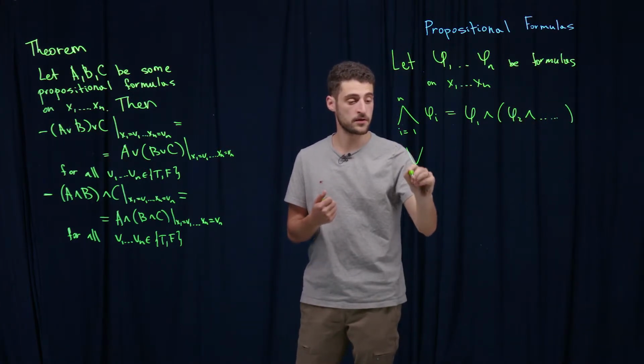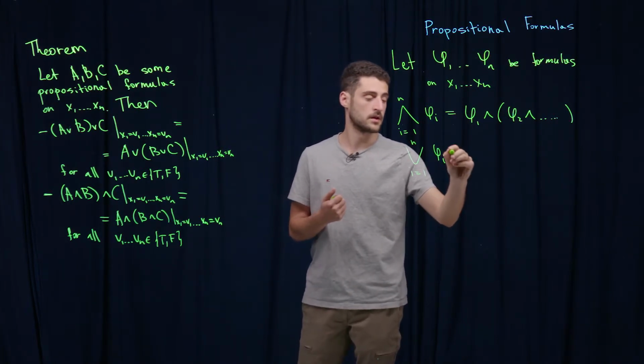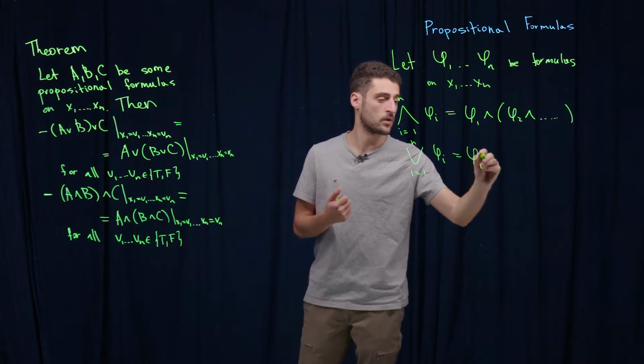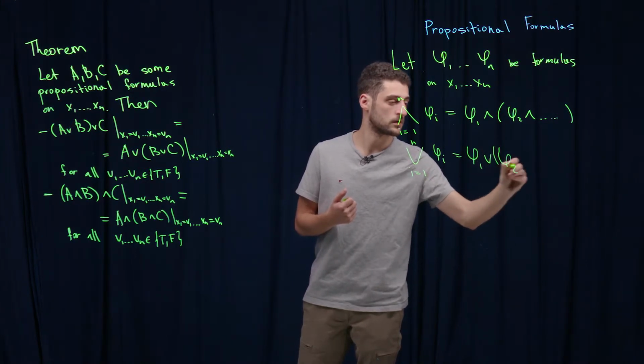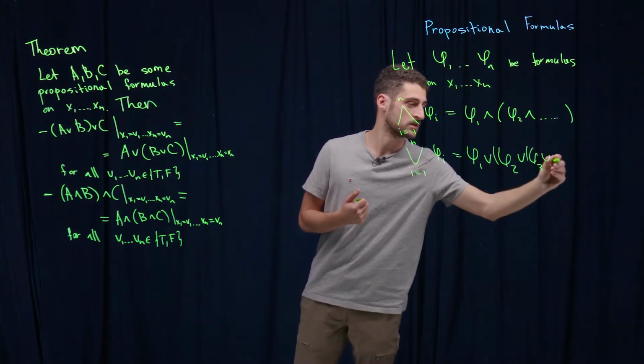And disjunction of phi i's for i from 1 to n is phi1 or phi2 or phi3 or so on.